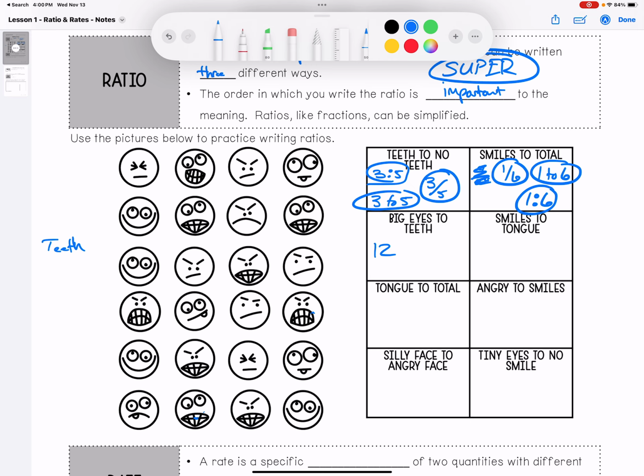The teeth was 9, no teeth was 15. Just so we have these numbers. Smiles equals 4. Big eyes. Oops. How many big eyes do we have?